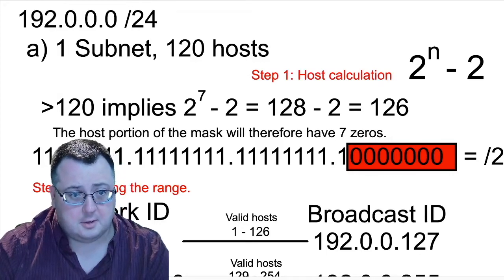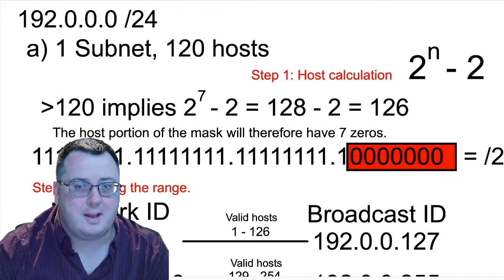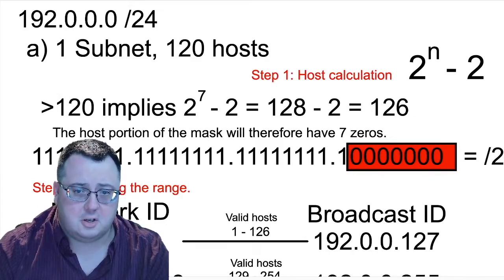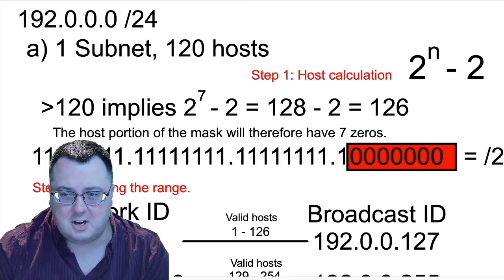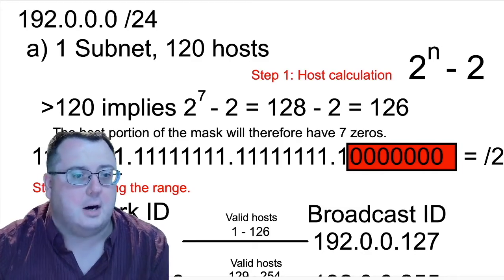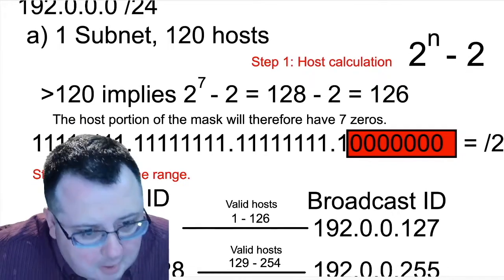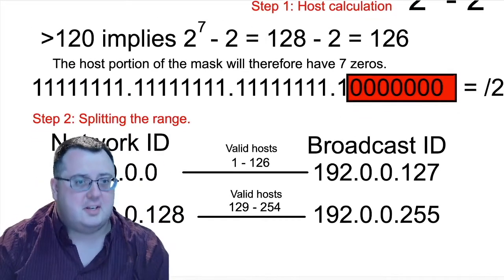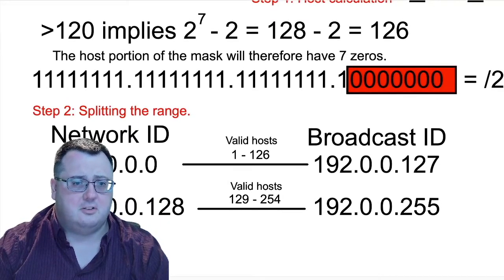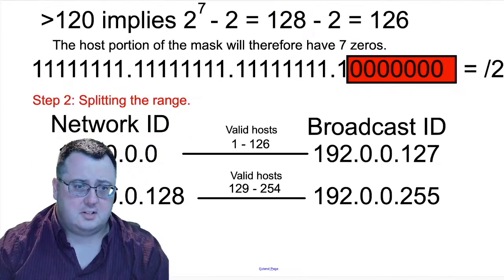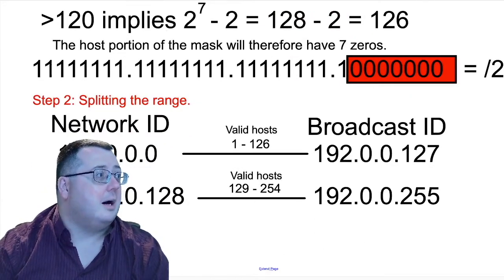Okay. So the host portion of the mask will therefore have 7 zeros, because we're looking at 2 to the power 7, or 11111111.11111111.11111111.10000000. So we're looking at a /25 subnet mask. So the way of thinking about this is, if you're splitting it into 128, it's like splitting that final octet in half.